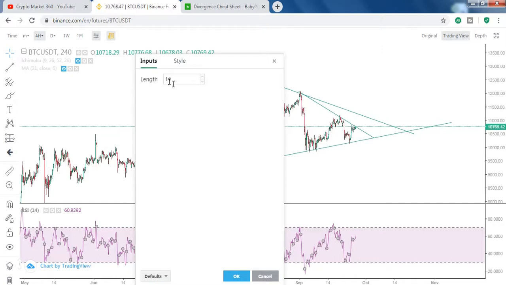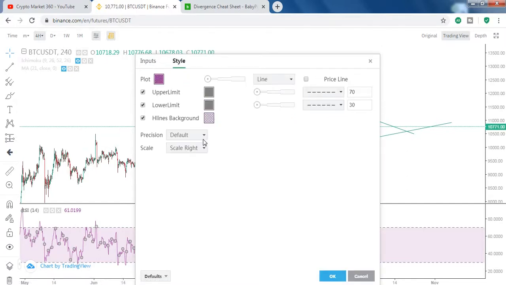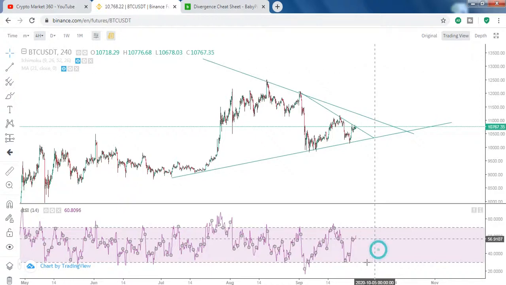This is the 14 moving average. It moves with the price, and you can see the upper line is set to 70, and the lower line is set to 30.